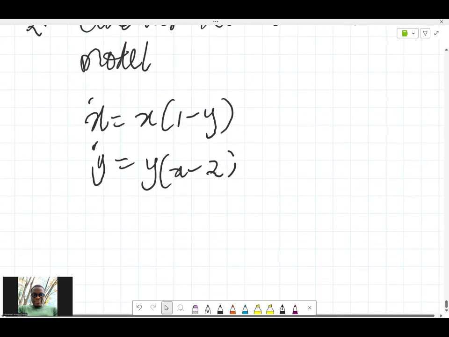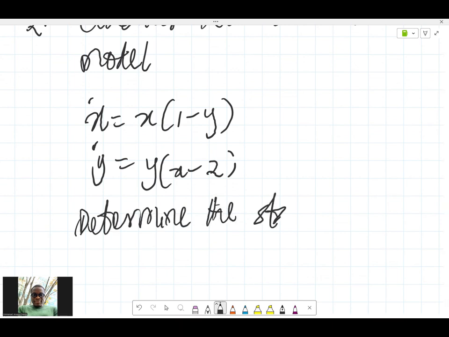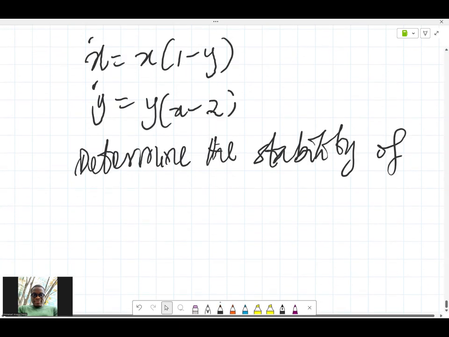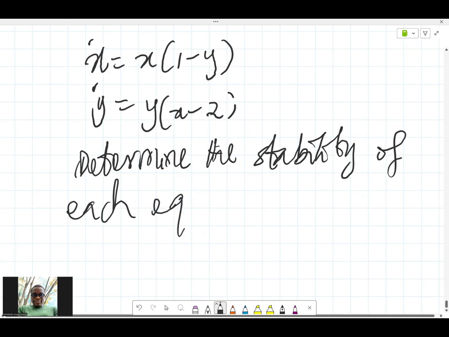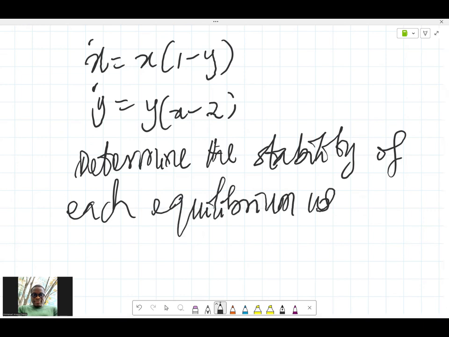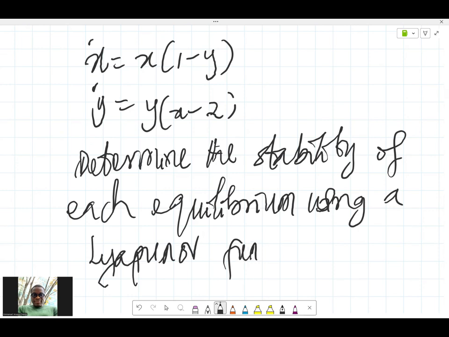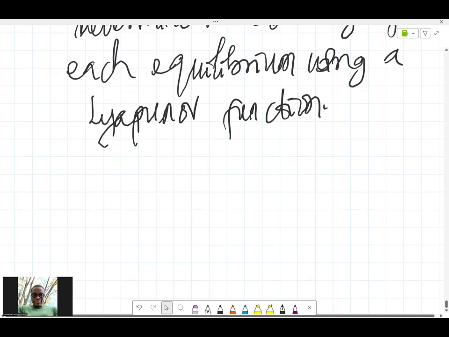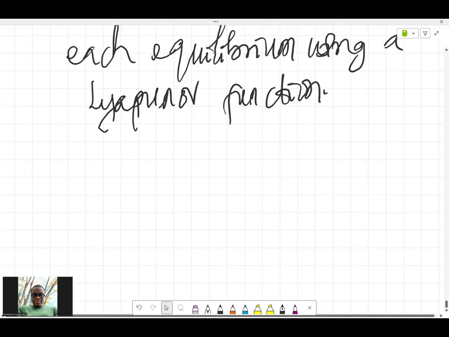The question is to determine the stability of each equilibrium using a Lyapunov function.